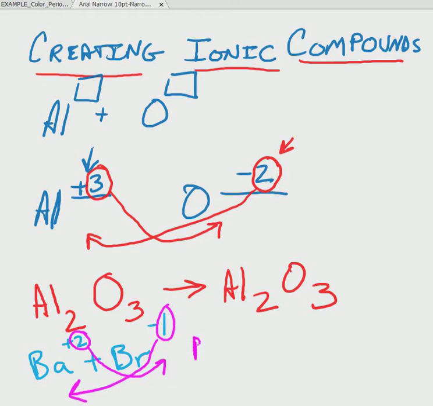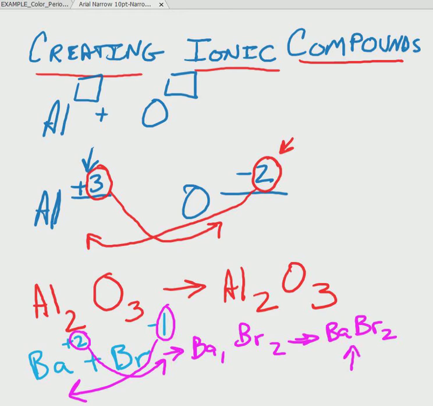So now we have Ba1 and Br2. Well, we don't have to write the 1. We already know that. So it's going to be BaBr2. If a chemist looks at that, they know that there's a 1 here, so we don't have to write that.